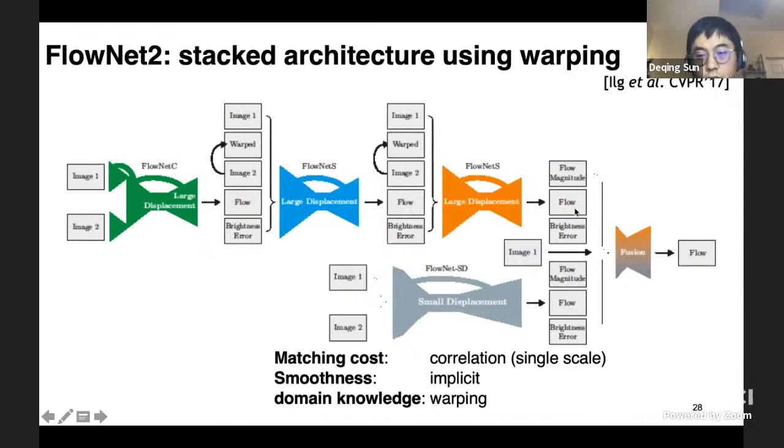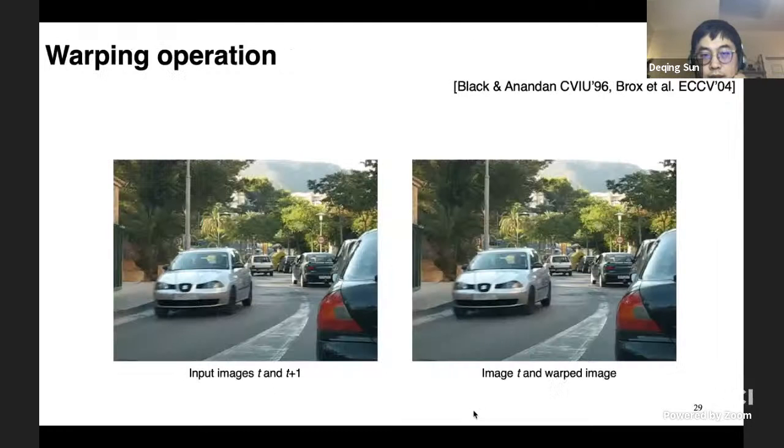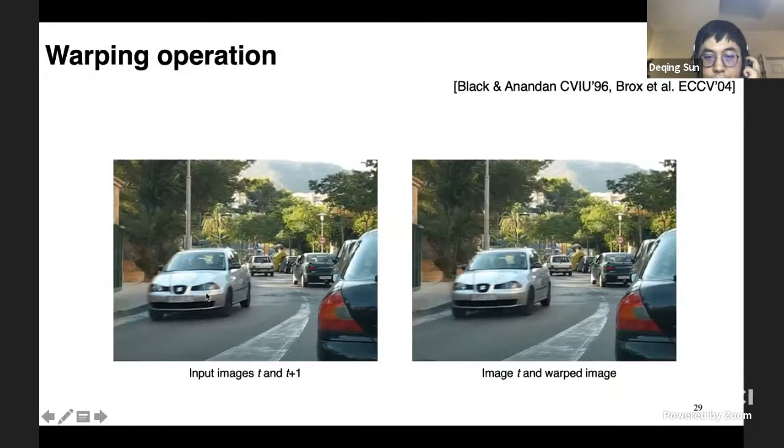Some domain knowledge used: first is a correlation in this FlowNetC architecture, but smoothness is implicit. Another domain knowledge is this warping, and this is an intuitive example. This is the two input image pair.